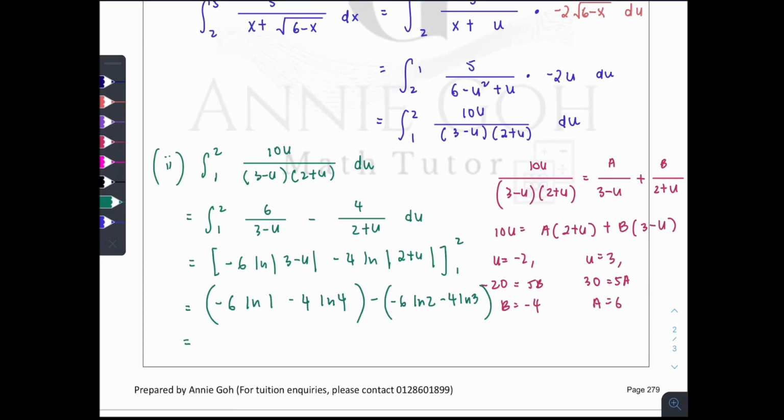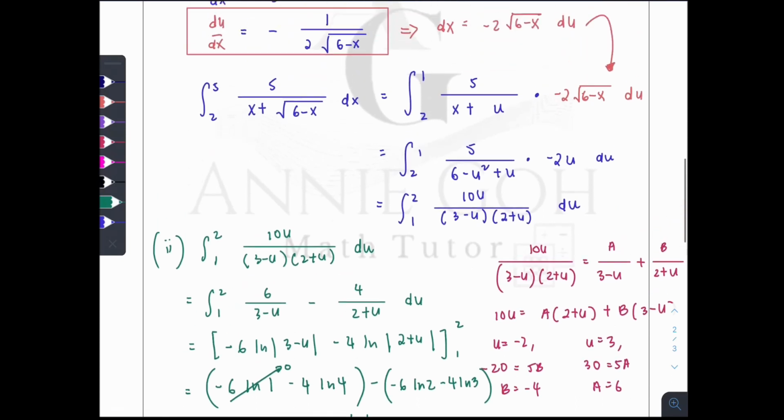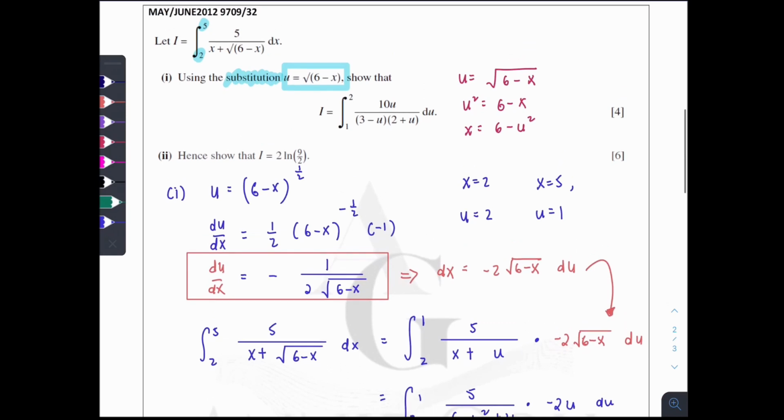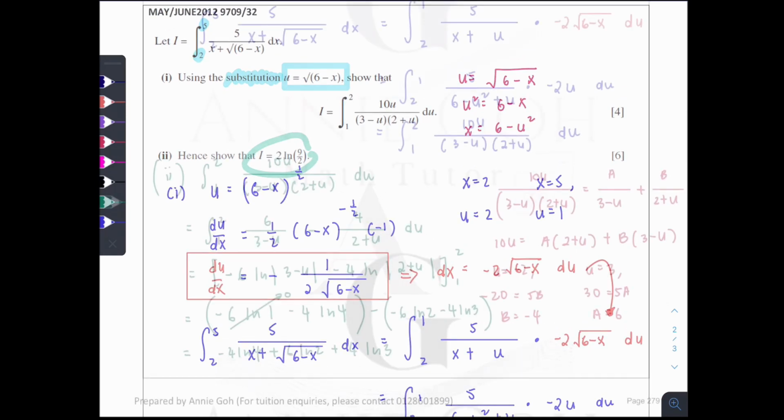To simplify this, ln 1 is actually equal to 0. Then we are left with negative 4 ln 4 plus 6 ln 2 plus 4 ln 3. According to what the question wants, they want it in this form, 2 ln 9 over 2.